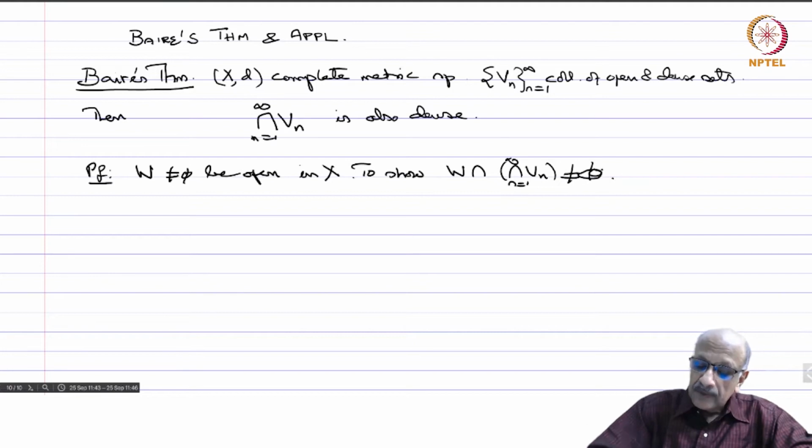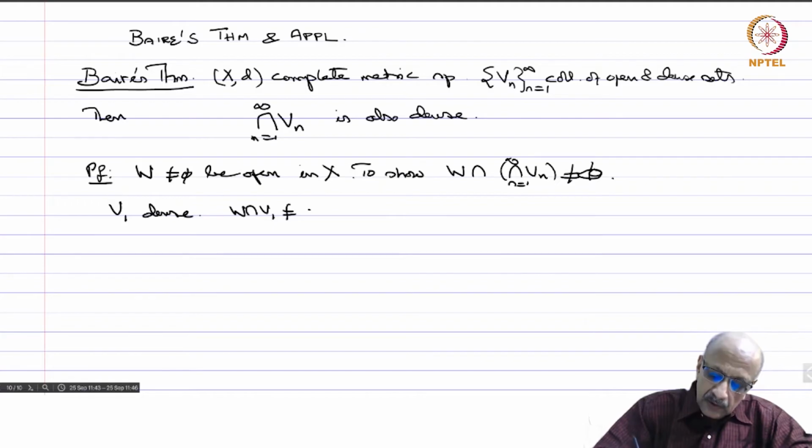Then every open set will meet the intersection, and therefore the intersection is automatically dense. So first V_1 is dense, therefore W intersection V_1 is not empty. Also W intersection V_1 is open.